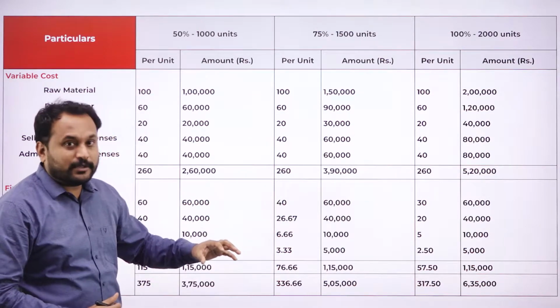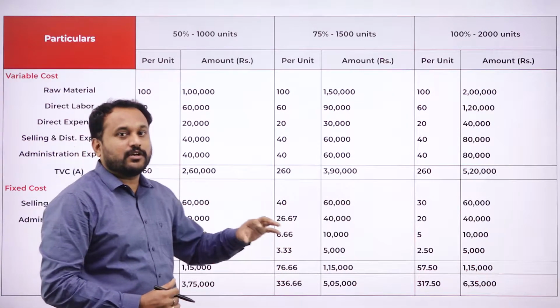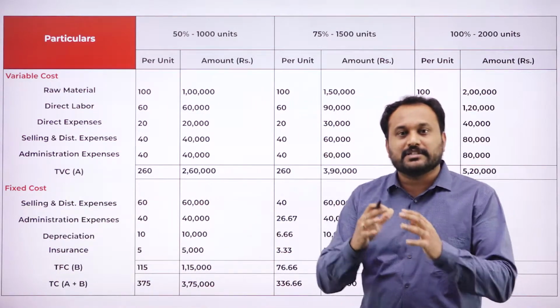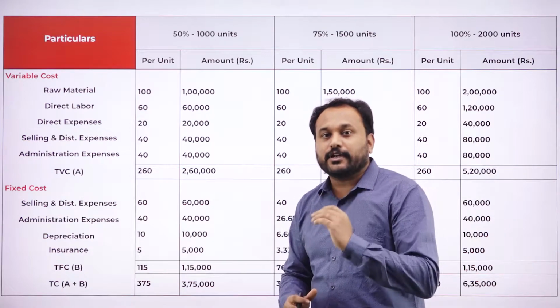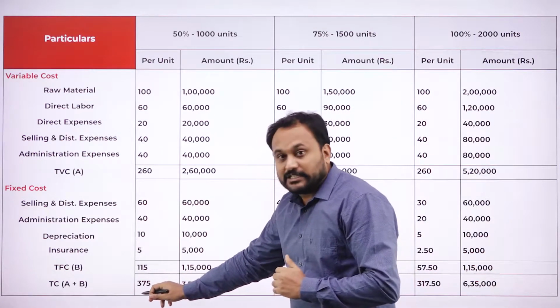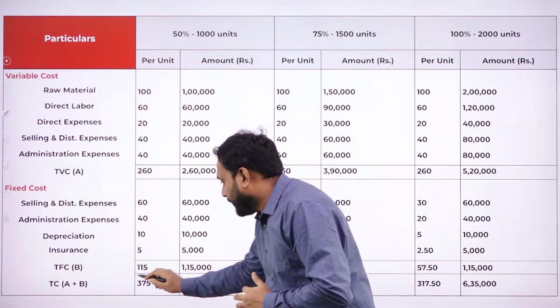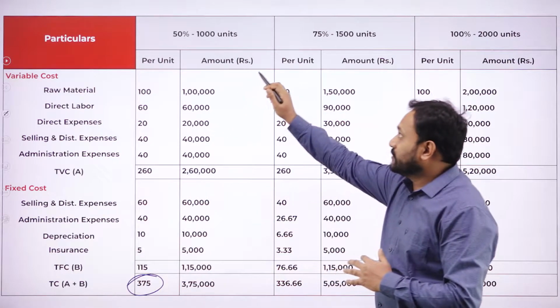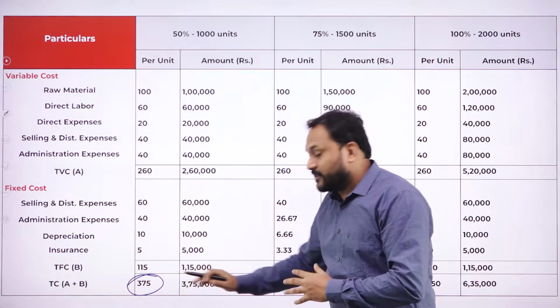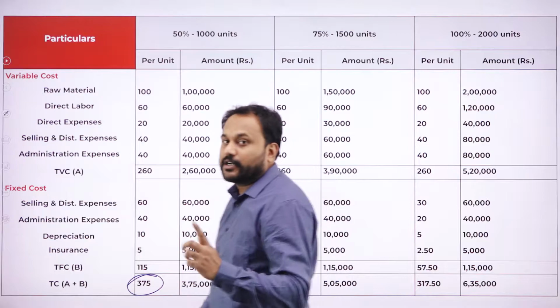But I want you to concentrate more on the total cost. The more you produce, the total cost per unit becomes less. For example, total cost is how much? 375. So if you produce at 50% capacity, you are incurring 375 rupees per unit.